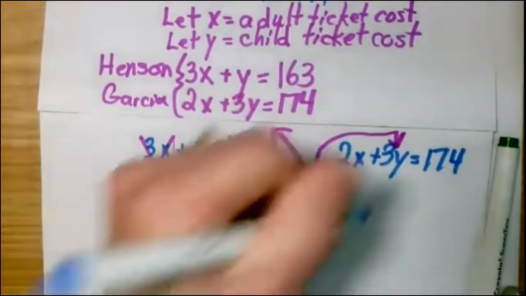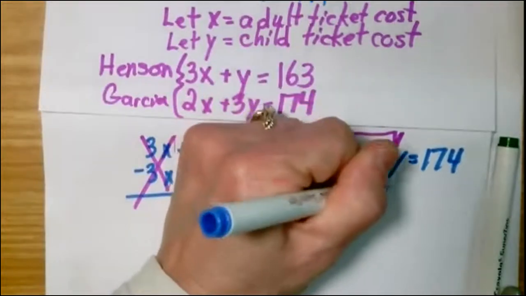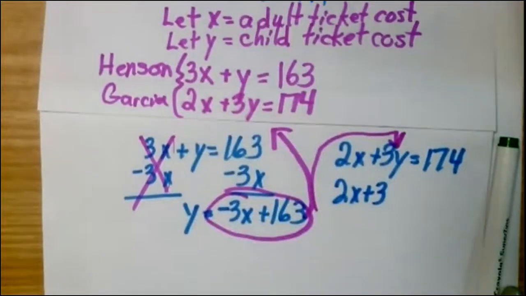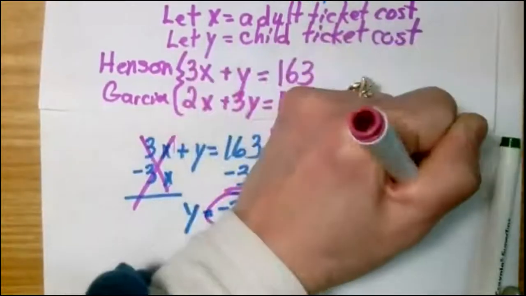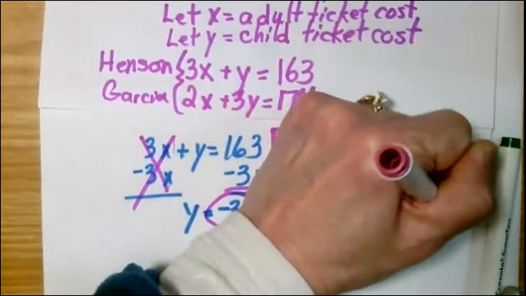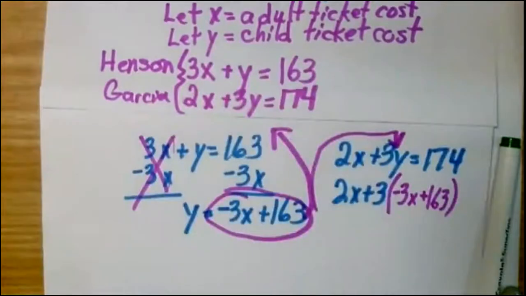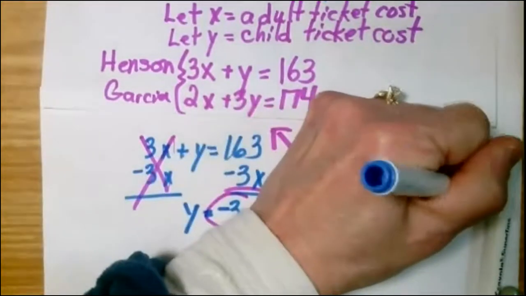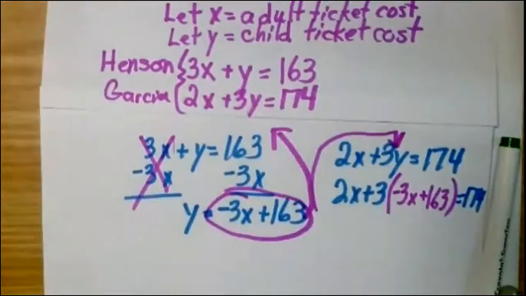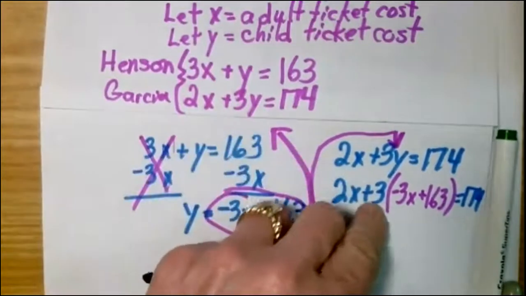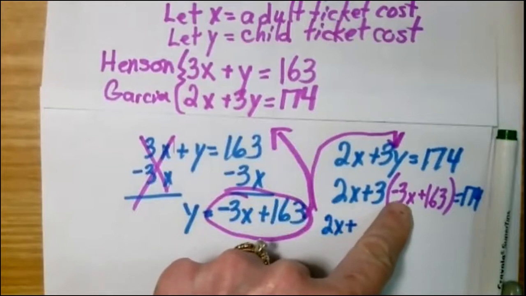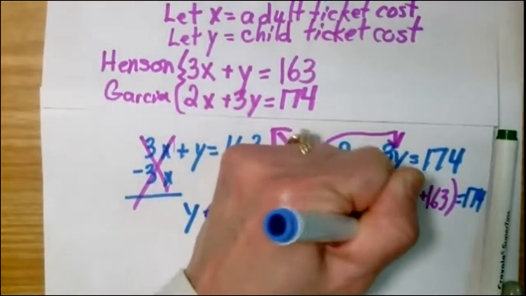So we have 2x plus 3 times negative 3x plus 163 equals 174. Use the distributive property to multiply. So that will give us 2x plus 3 times negative 3x is negative 9x.